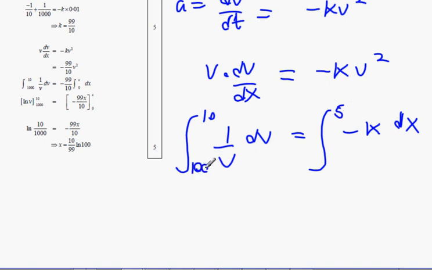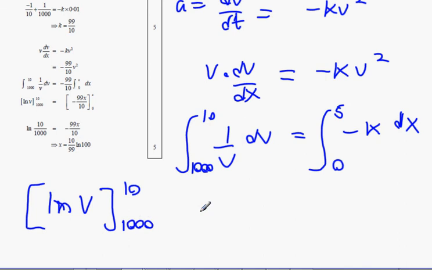It entered at 1000, which means its distance was 0. Integrate both sides, and what we should get is ln v from 10 to 1000, and that should equal minus k times s from 0.